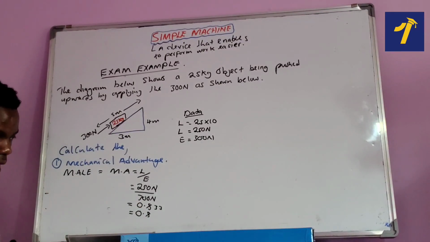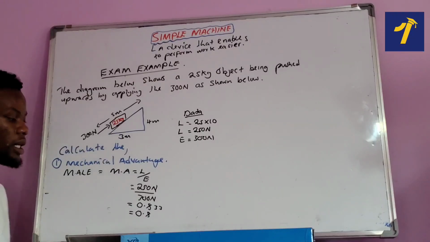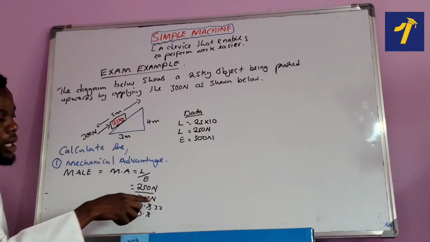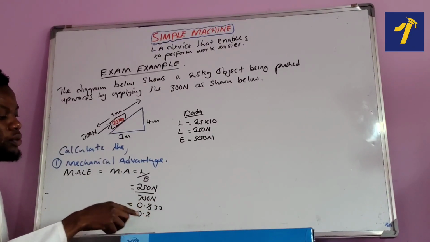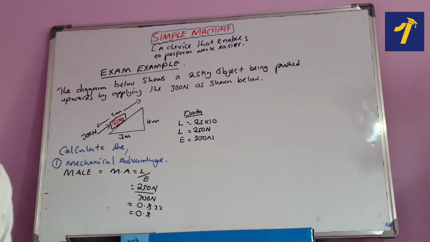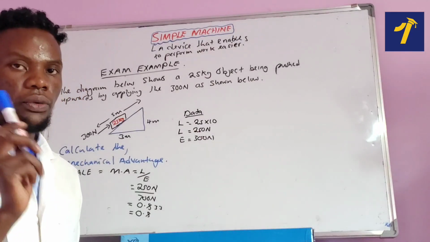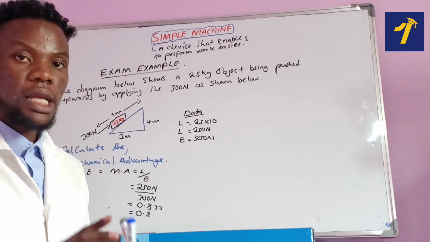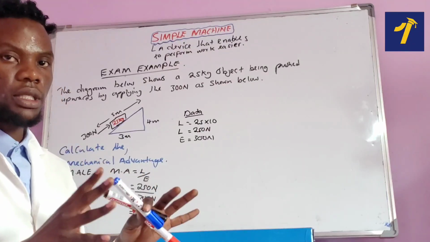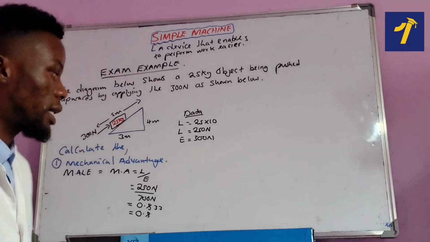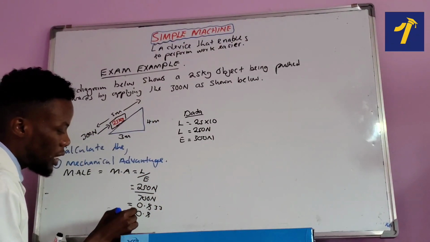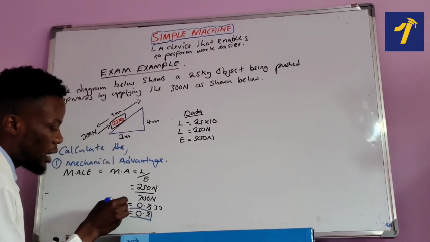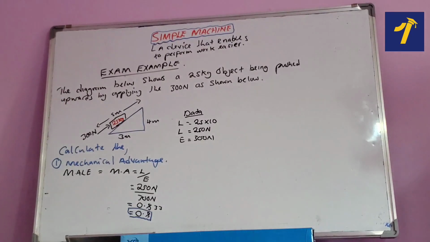And the other important thing that you need to take note of is you don't have to put the units at the end, because if you put the units at the end, that will be the wrong answer. Mechanical advantage does not have units according to what we discussed. So this will be now our final answer, which is 0.8.